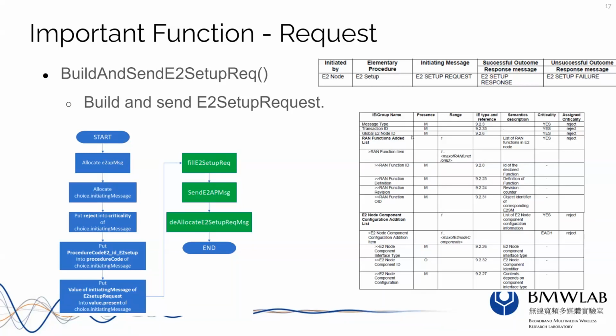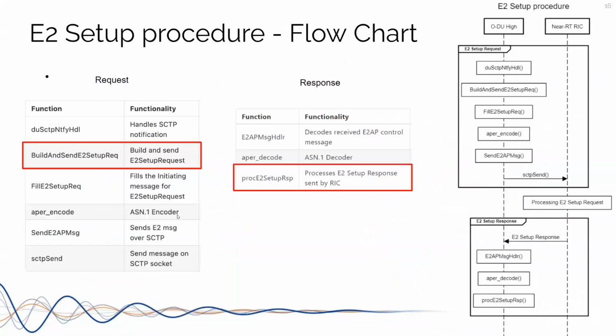It's too detailed, so I will skip it today. After filling the data and after the ASN.1 encoder, you will send the E2 message over SCTP.